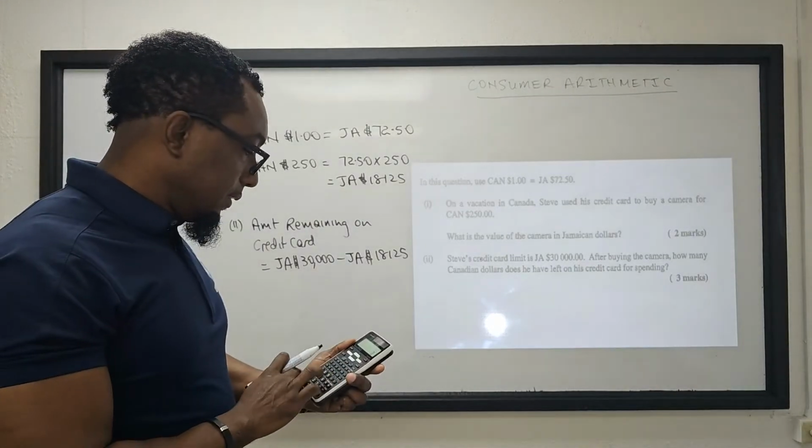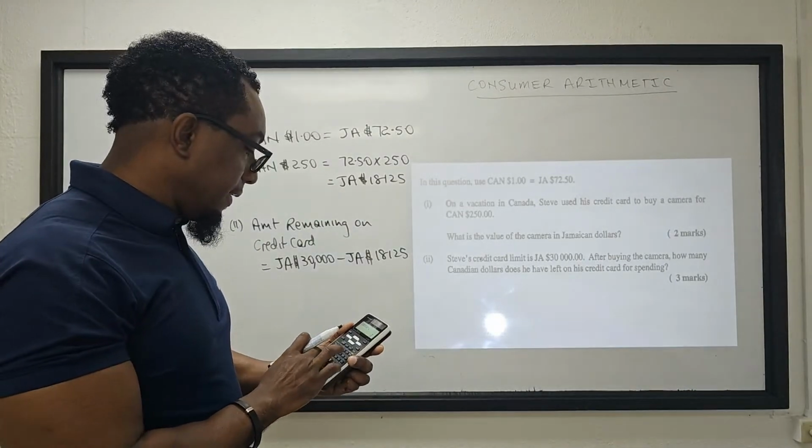So let's subtract the two. 30,000 subtract 18,125.